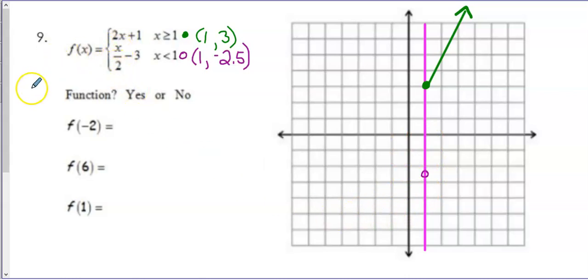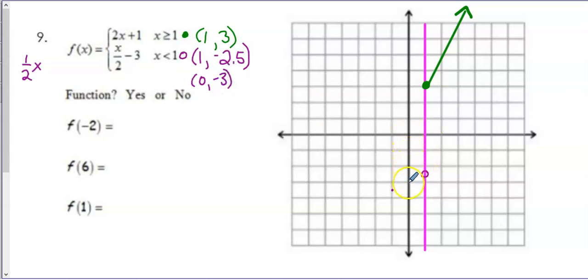We can look at the slope. The slope here, this is the same as 1/2 x. So the slope is 1/2. So if I went down 1 and over 2, that would give me another point right there. Or I could plug in maybe a 0 for an ordered pair. So then that would be 0 divided by 2 minus 3. That would be -3. So (0, -3) would be another point.